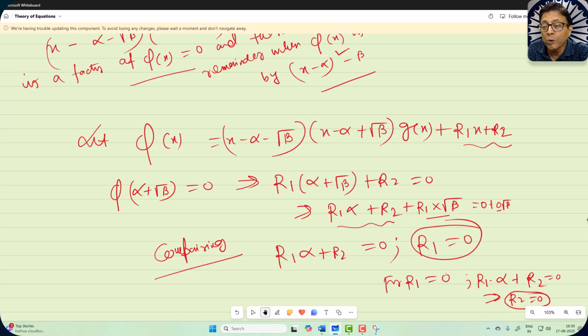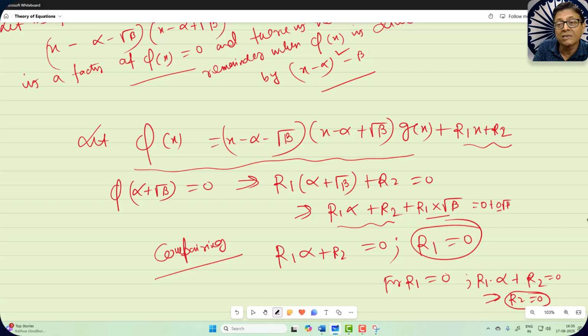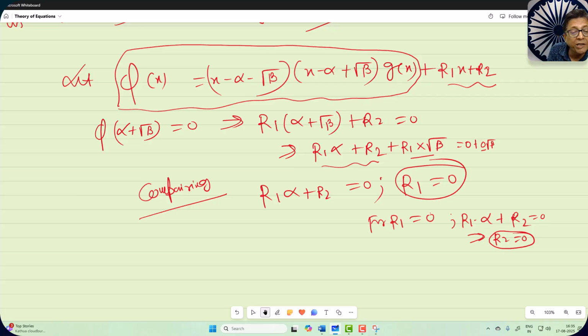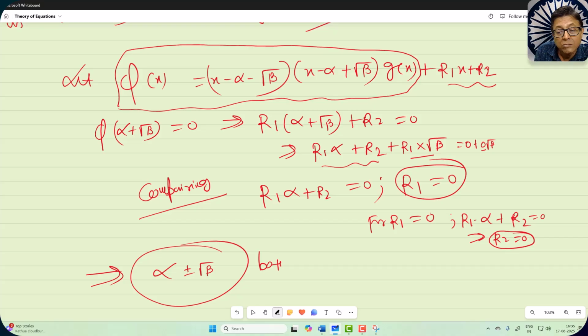So you prove both r1 and r2 equal to 0. So what does it mean? That phi x, when divided by the product of these two factors, leaves no remainder. It means phi x is completely divisible by the product of these two. So this will ensure that alpha plus minus root beta both are roots. If one root is alpha plus root beta, the other root has to be alpha minus root beta.